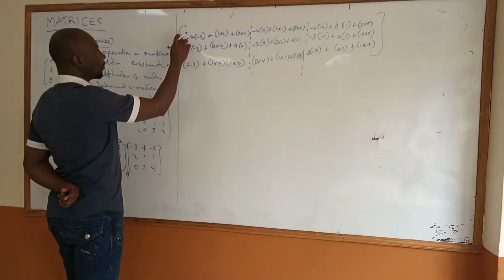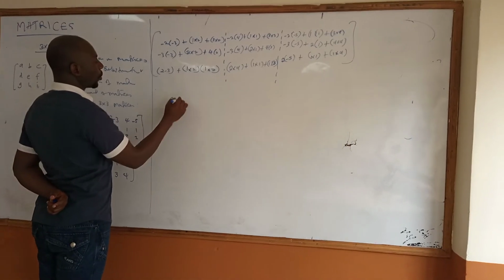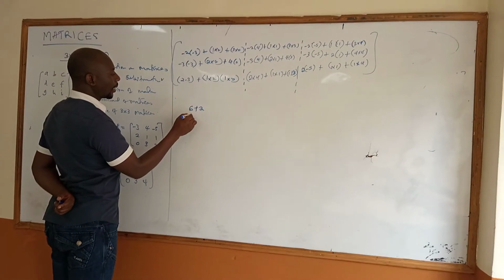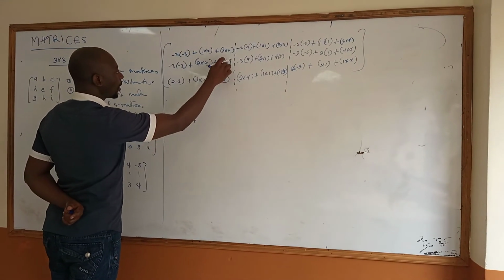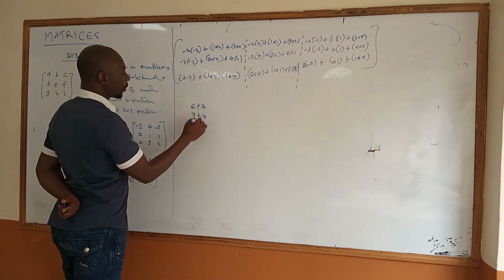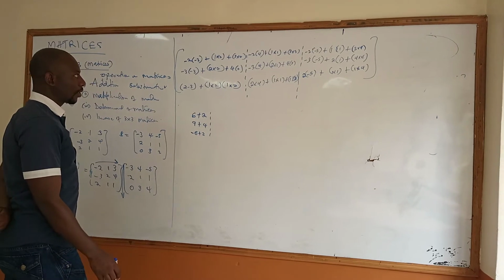So you solve the independent parts and add. Negative 2 by negative 3 gives you 6, plus 2. This one is 0. Here, this is 9 plus 4. 4 by 0 is 0. Then this is negative 6, this is plus 2. That's the first element.